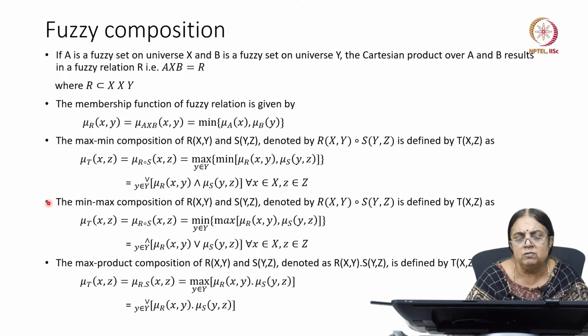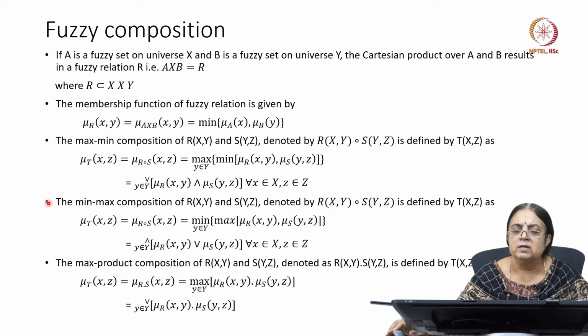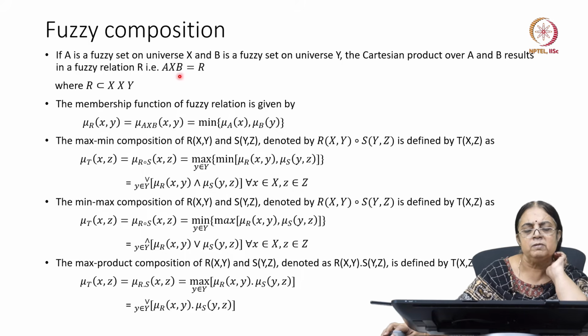Then we come to what is called the fuzzy composition. Fuzzy composition is the way in which you combine your x and y. A is a fuzzy set on universe x and B is a fuzzy set on universe y. So the Cartesian product will be A cross B, and your relation R will be a subset of x cross y.